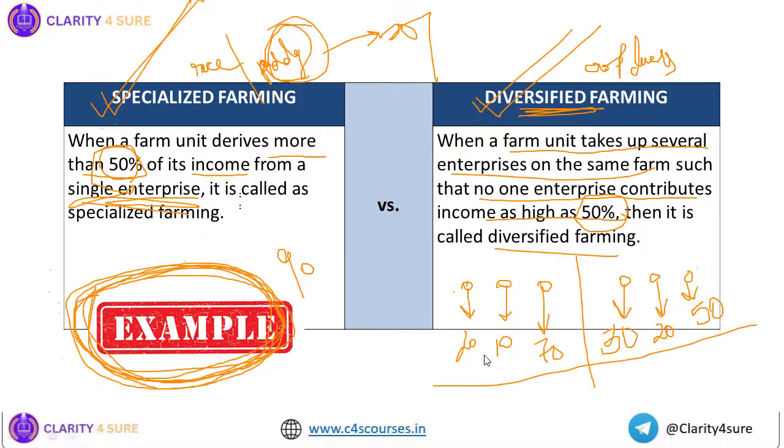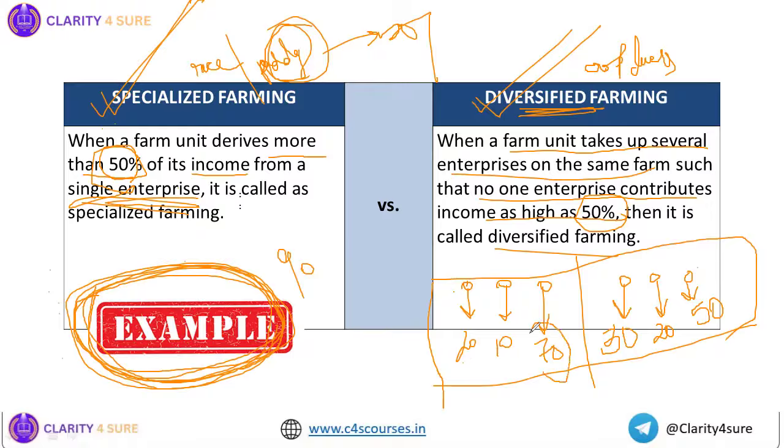So now tell me whether these two scenarios are diversified farming or specialized farming. As you can see here in the first scenario, the first component is 20%, then 10%, and then 70%.